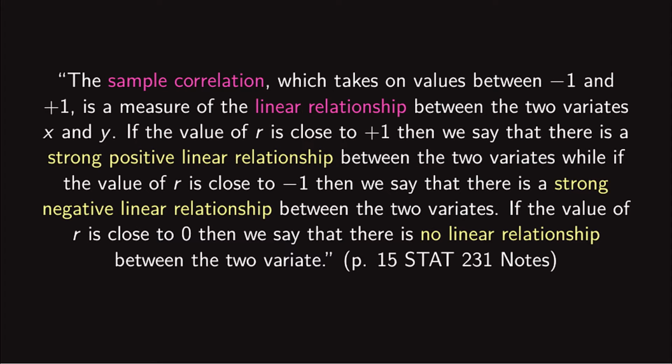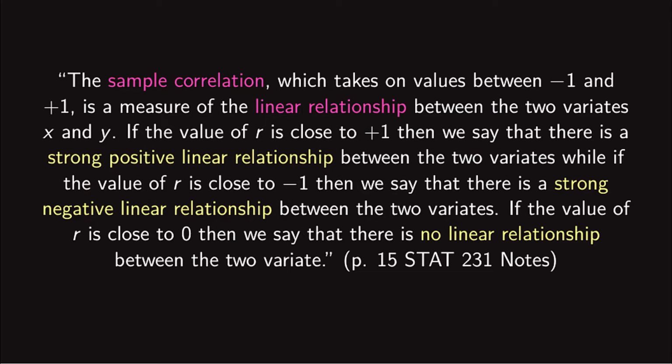We define the sample correlation mathematically to be the ratio of the sample covariance over the product of sample standard deviations. This obscures its real meaning, and so often we use the following to describe it. The sample correlation, which takes values between -1 and +1, is a measure of the linear relationship between the two variates x and y.